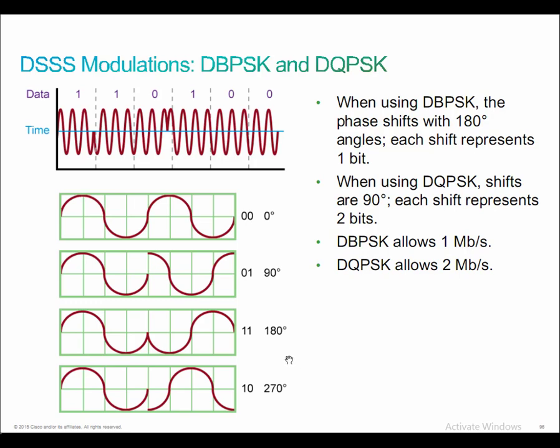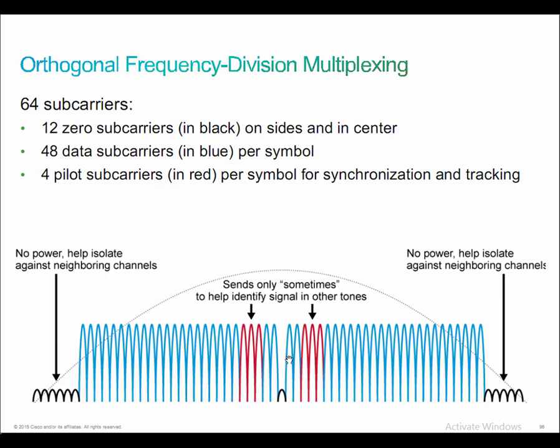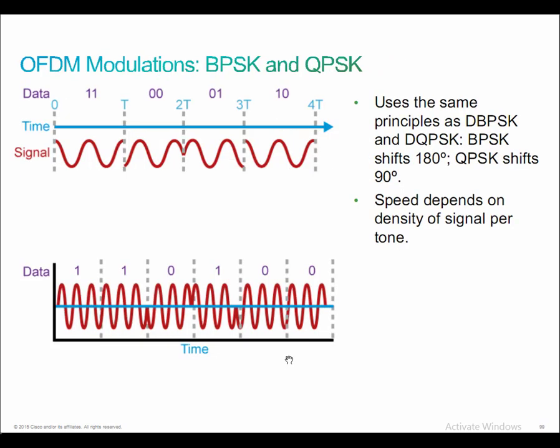In BPSK, which is what's applied to OFDM, when the next value to be sent is the same as the value that was just sent, do nothing. All right, we actually don't see that in this particular case. If I was sending a 1-1 followed by a 1-1, the sine wave would just continue.